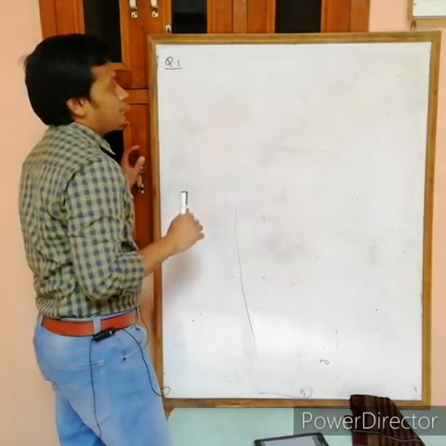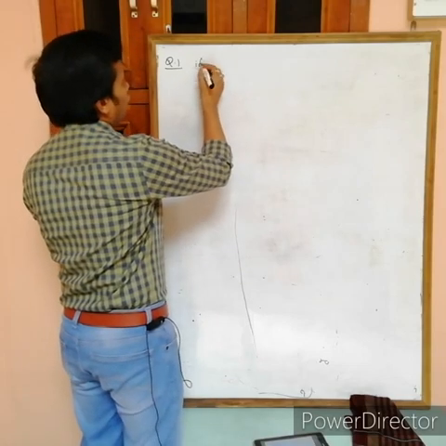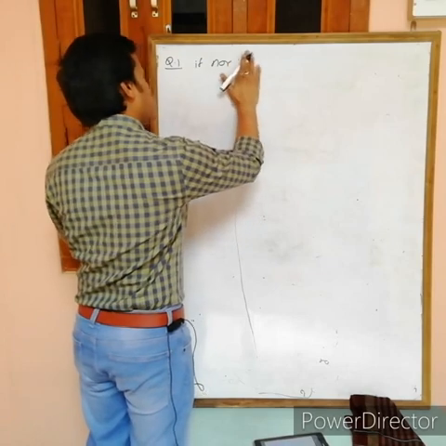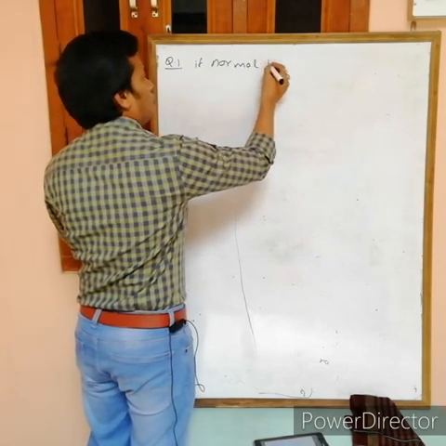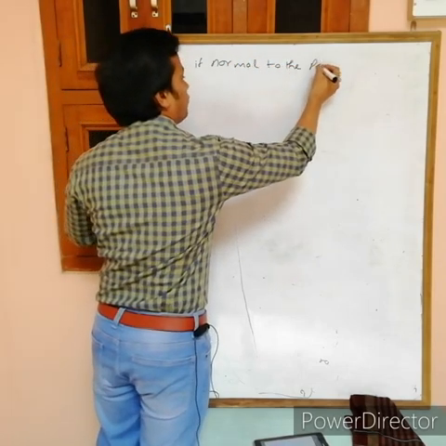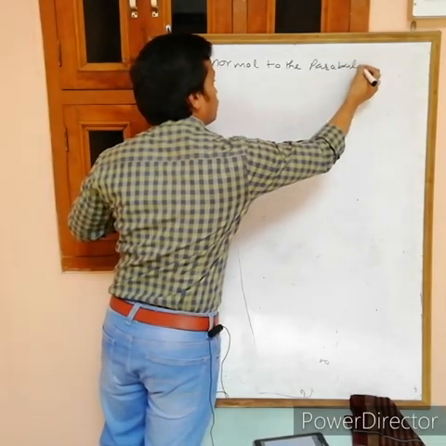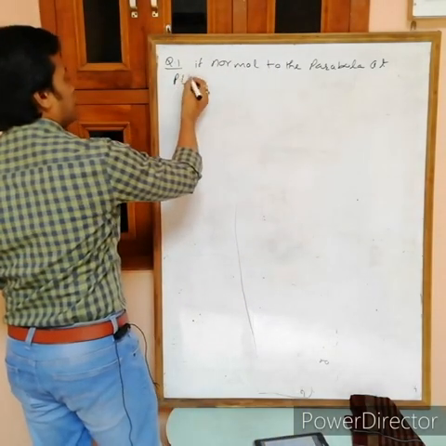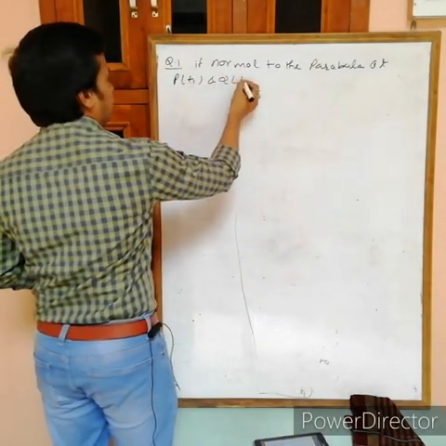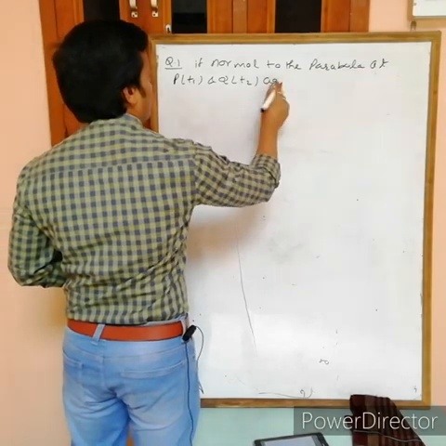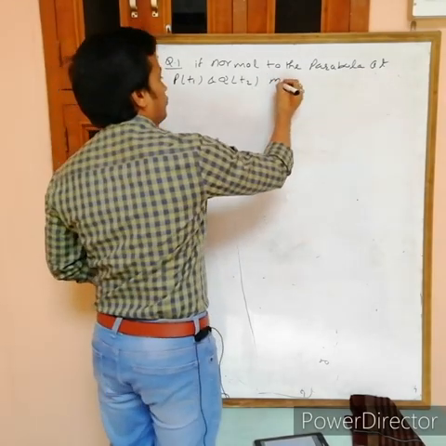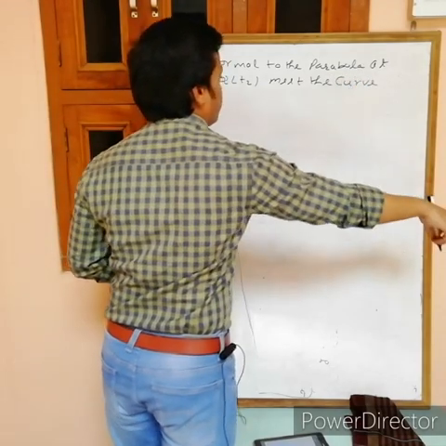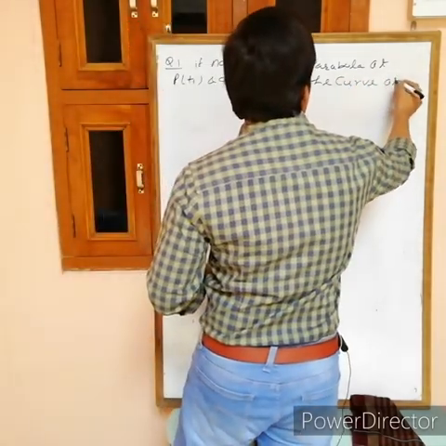First question is, if normal to the parabola at T1 and T2 meet the curve at T3.